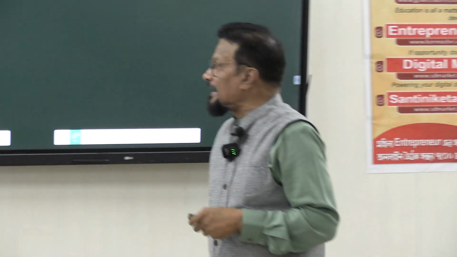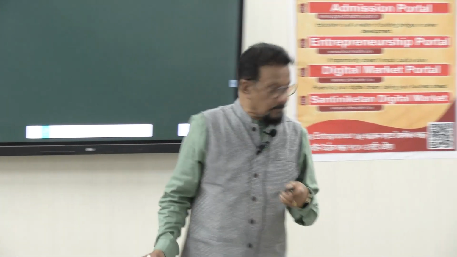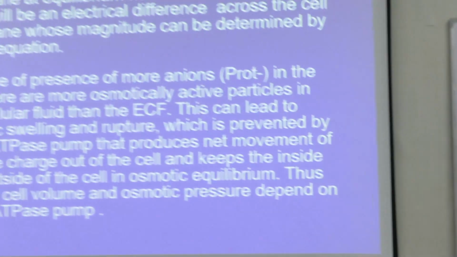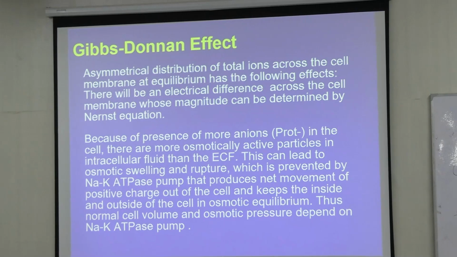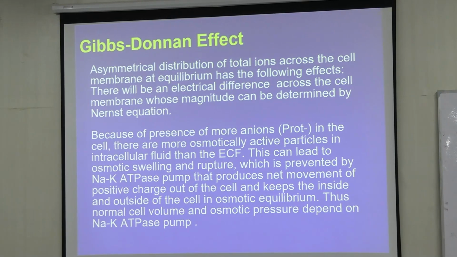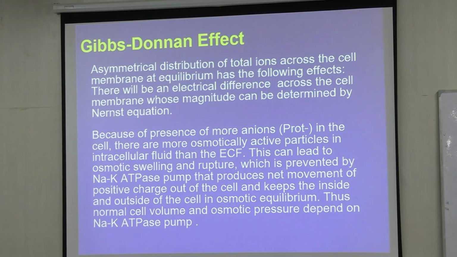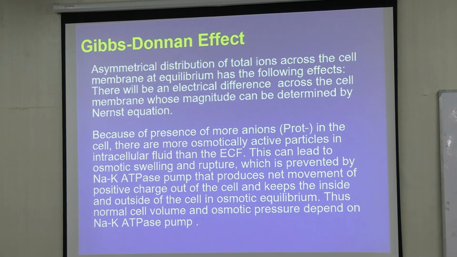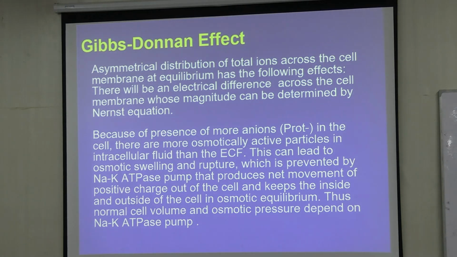There is a net deficit of diffusible cations. This is called the Gibbs-Donnan phenomenon, and the Gibbs-Donnan effect. What is the effect? Asymmetrical distribution of total ions across the cell membrane at equilibrium has the following effects.